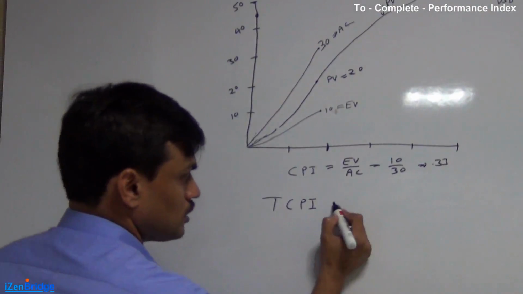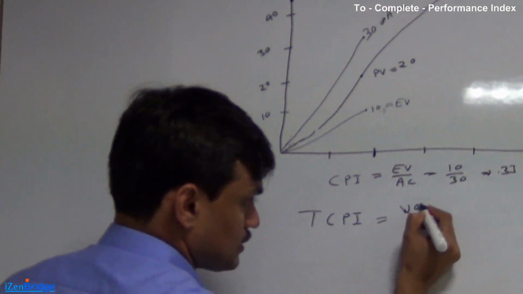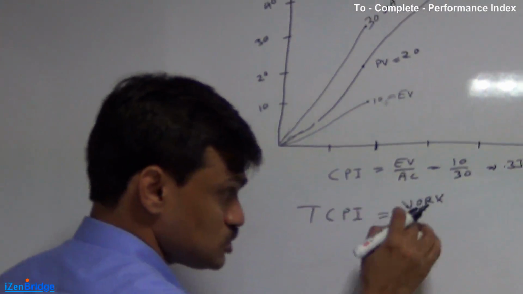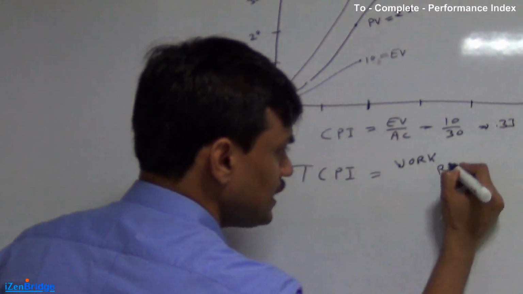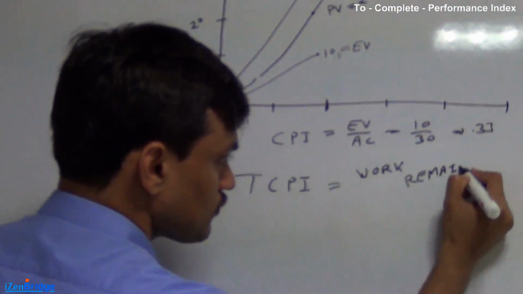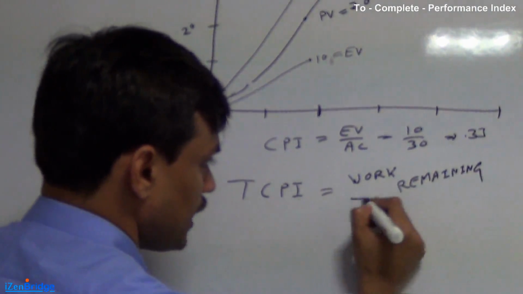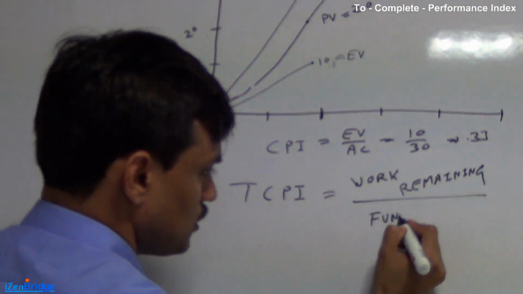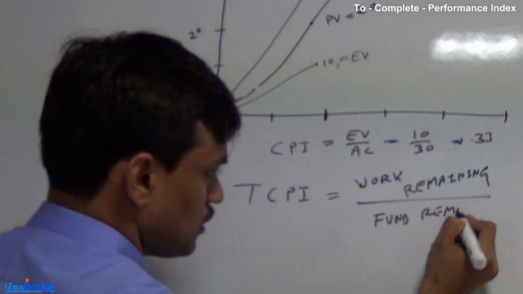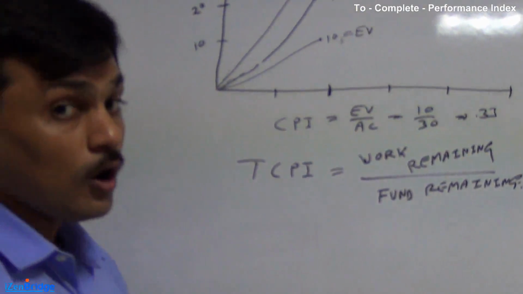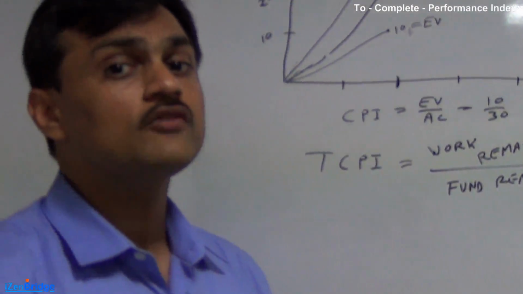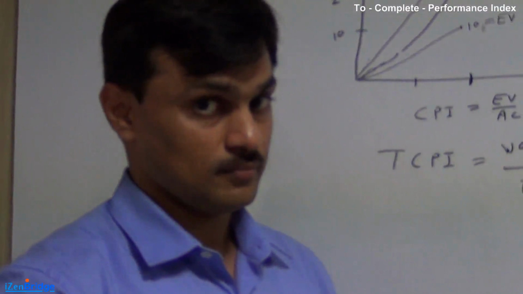We talk about what is pending. So to complete performance index has two dimensions or two values: work remaining and fund remaining. Now how do you know the cost or dollar value of work remaining?